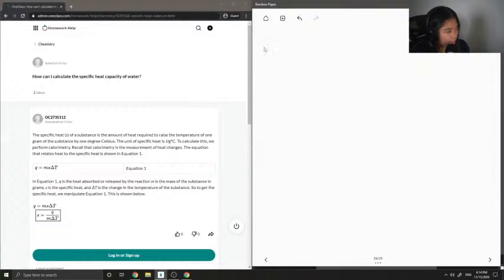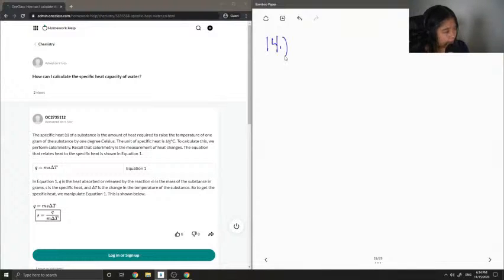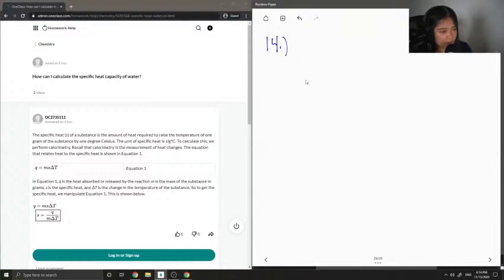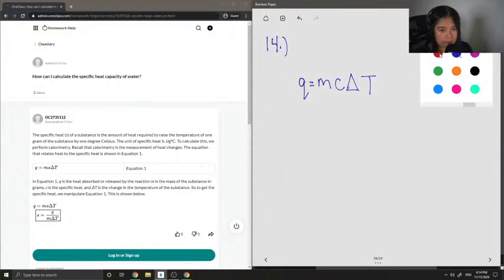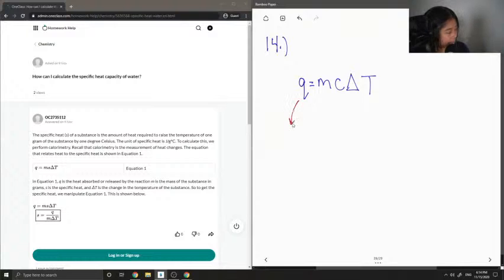Okay, so the next question asks, how can I calculate the specific heat capacity of water? To answer this question, we would use the equation Q equals mc delta T. I'll define what each variable means.